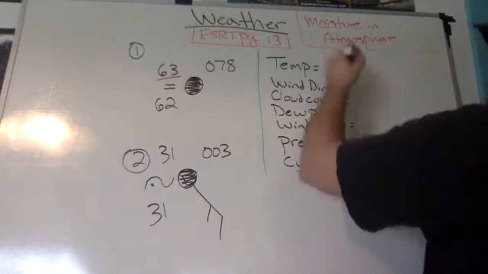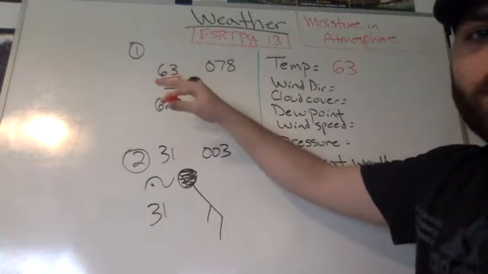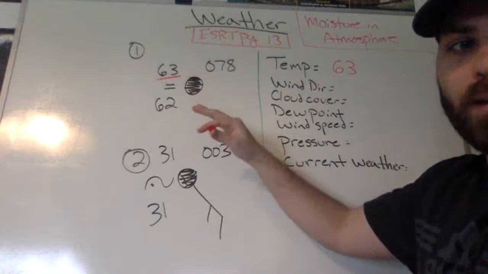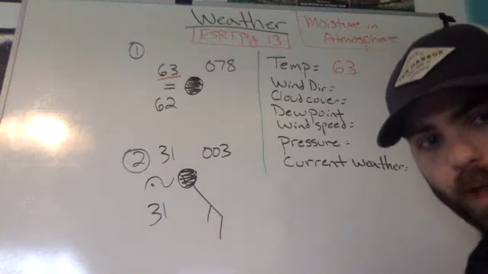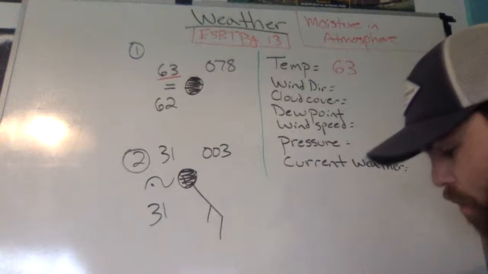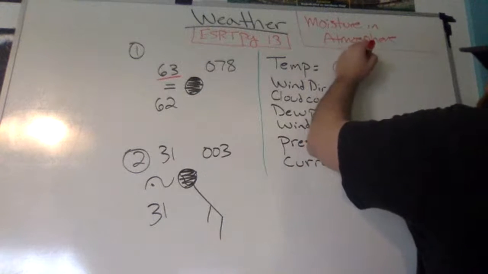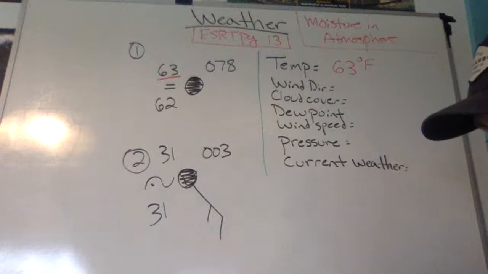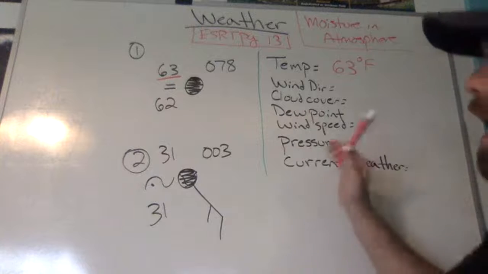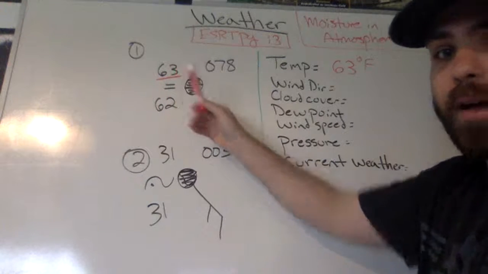So I'm going to write 63, and it's important that we always put in the right units. Because we're in the United States, we're going to be using Fahrenheit. So it's 63 degrees Fahrenheit. That is our temperature. In every station model that we ever look at, the temperature is always the top left.